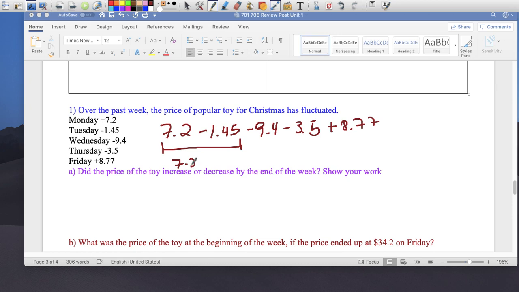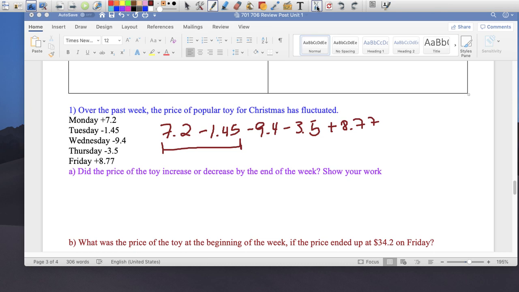So that's 7.2. I'm going to let you use a calculator here. I think that's going to save you time. 7.2 minus 1.45. So I got my phone, sorry. 7.2 minus 1.45.